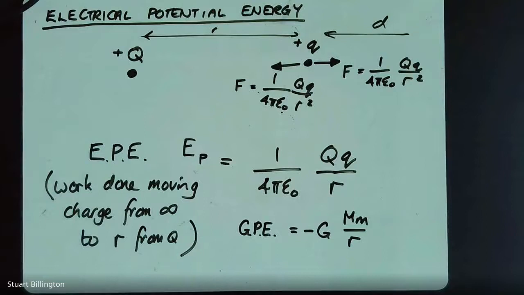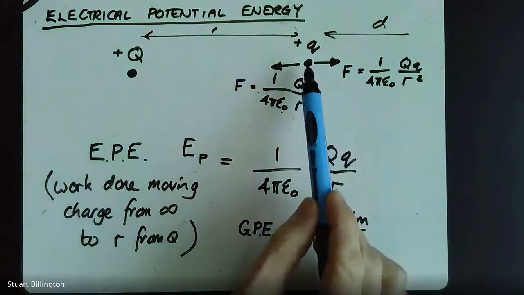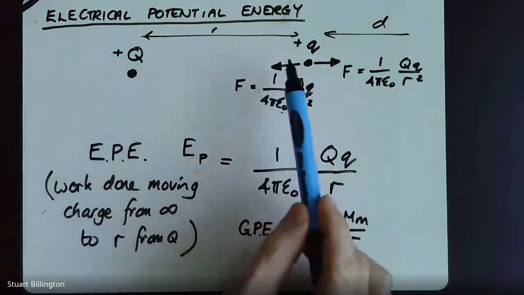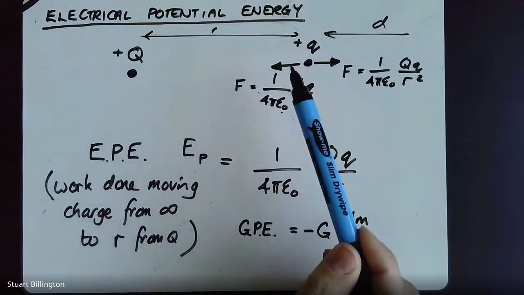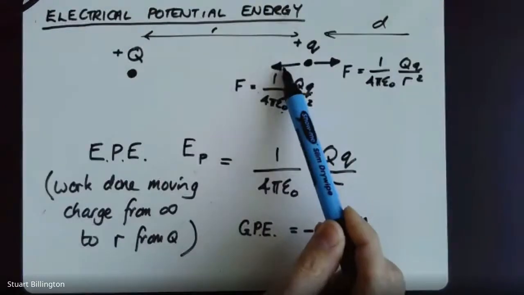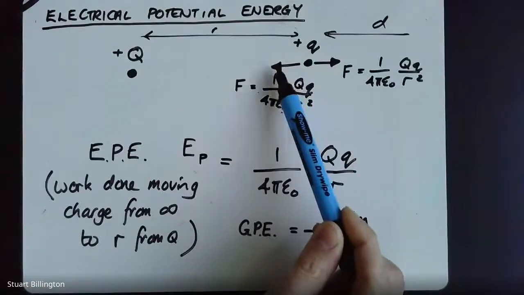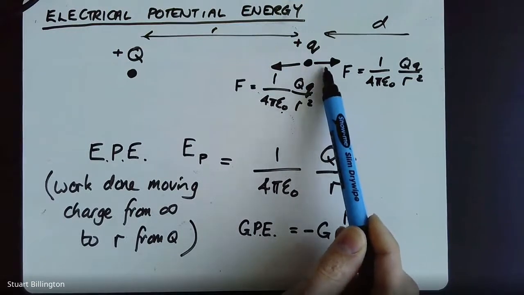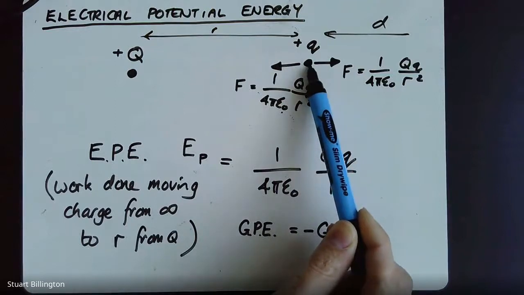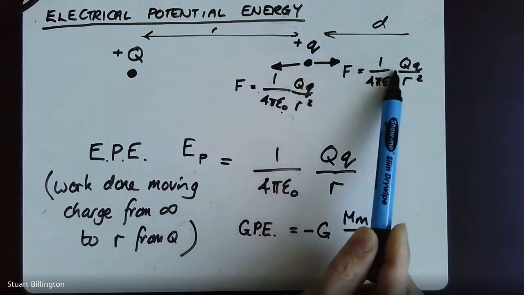And the reason there was a minus sign is because the gravitational force is an attractive force, not a repulsive force. And so the gravitational force is this arrow, and the work done force is this arrow, the other way around to what we've just discussed. Which means that when we're doing work on the charge, we're actually moving the charge not from infinity, but to infinity.